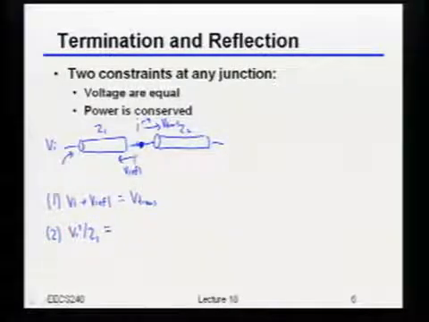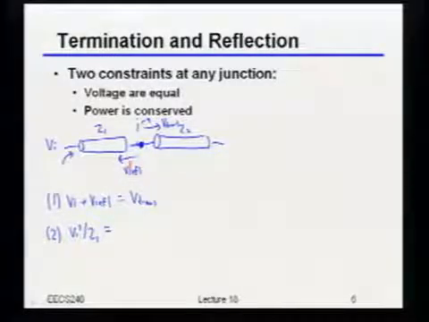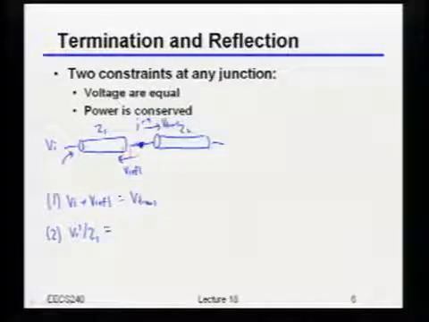Okay, so how much power does the reflected wave have? If I go from this junction and I look backwards, and I put a voltage of V reflected back onto that transmission line, how much power does that take?